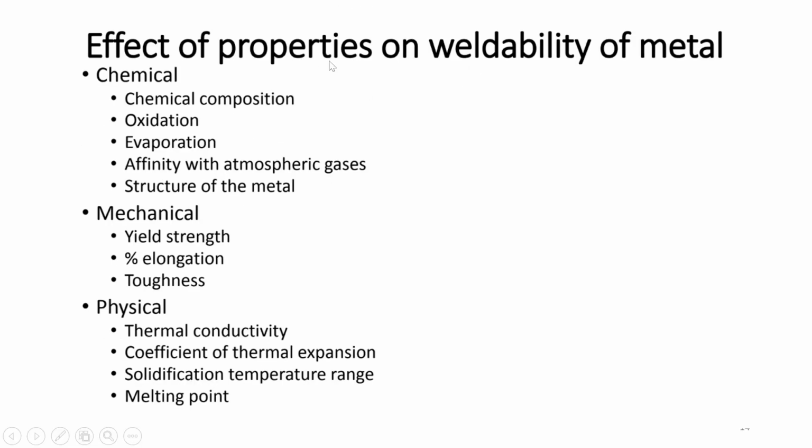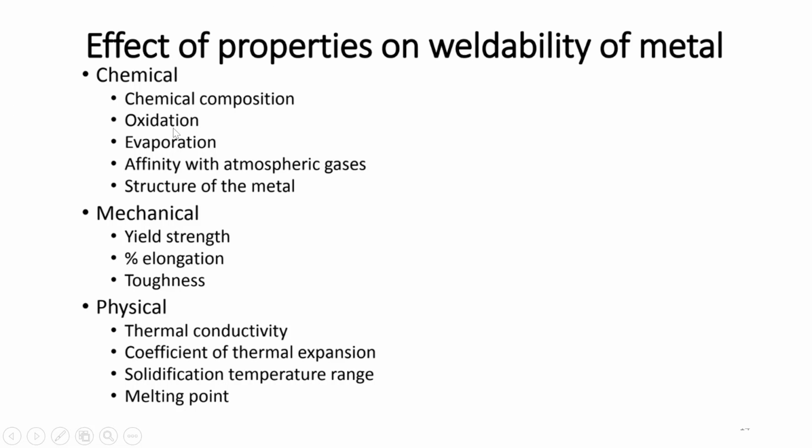Now, effect of properties on weldability of metals. In case of chemical properties, the chemical composition of your material will affect weldability. For example, in case of steel, with increasing amount of carbon or chromium, it will have less weldability because of the formation of chromium carbide, which will cause it to sensitize.